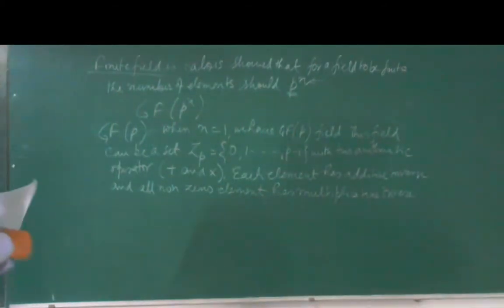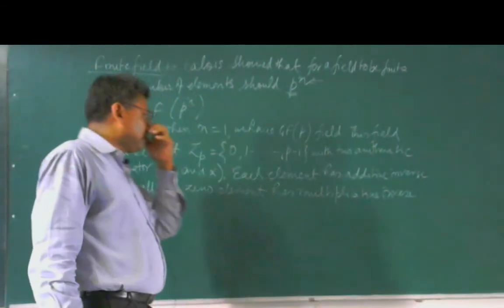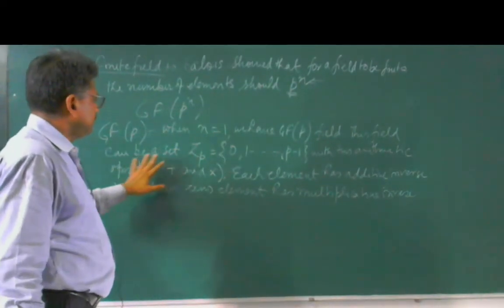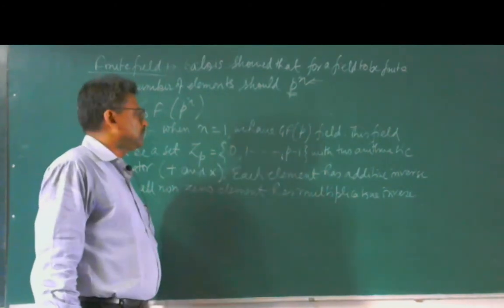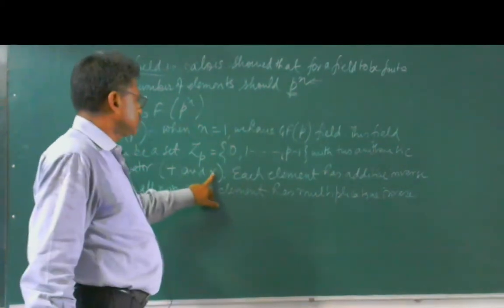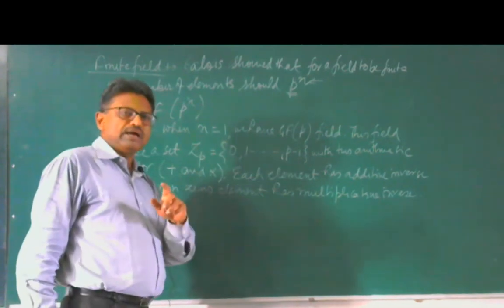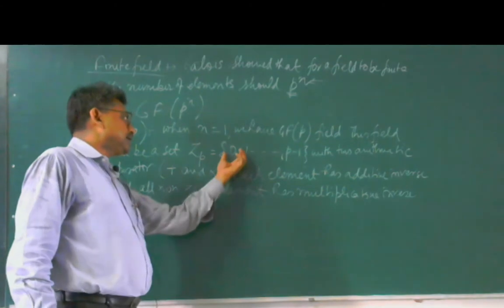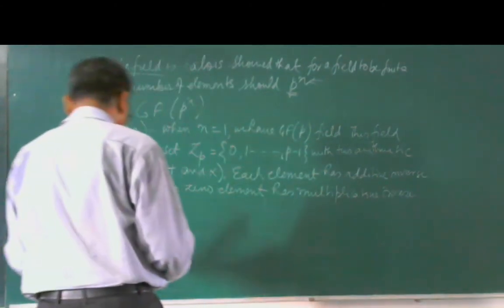So GF(p) is one of the abstractions of GF(p^n), where the value of n is equal to 1. It contains the set Z_p, that is 0, 1 up to p minus 1, with two arithmetic operators, addition as well as multiplication, where each element of this particular set will have its additive inverse, and each non-zero element, besides the zero, must have a multiplicative inverse.